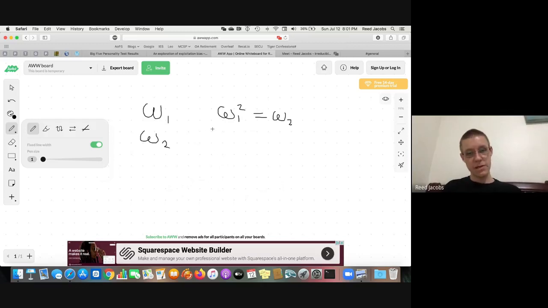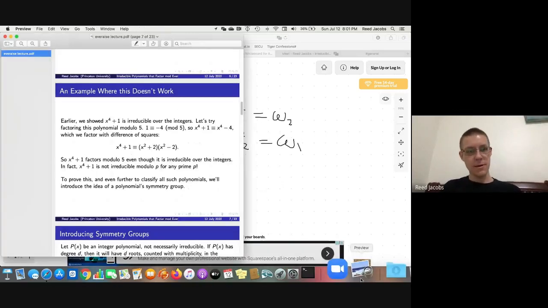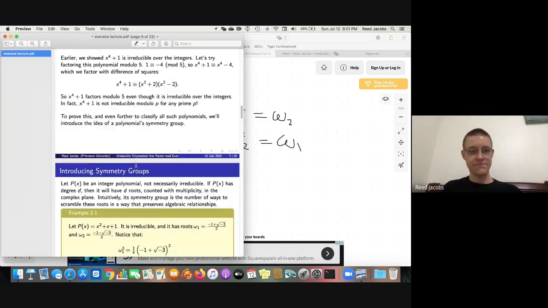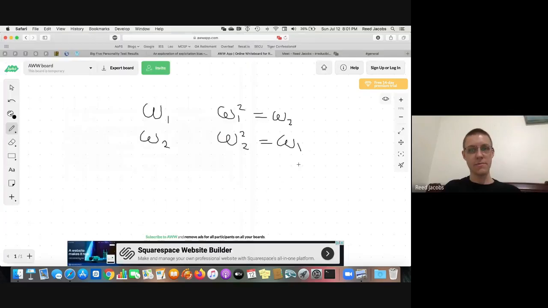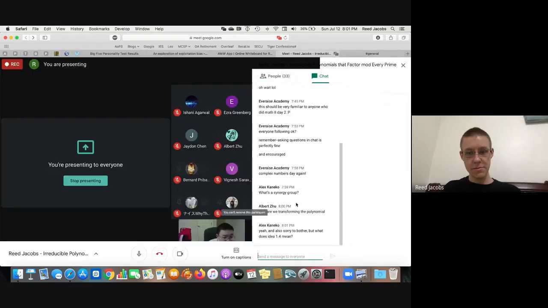So for swapping these two to be in the symmetry group, we would need the equation omega 2 squared equals omega 1 to be true. And you can check that, similarly to example 2.1, that also omega 2 squared equals omega 1. Does that help? Oh, so idea 1.4 is just a way to label them so that I can refer back to them. You're free to ignore that part.